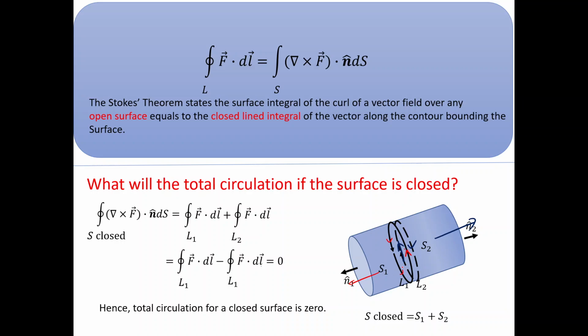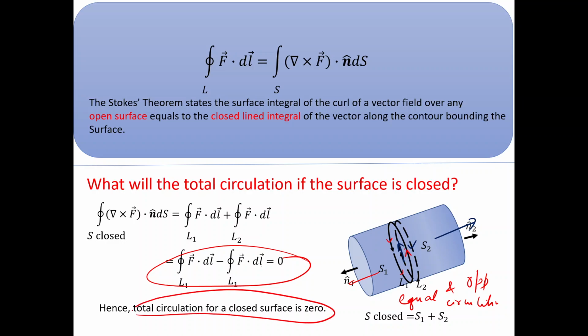And as you can see, this is equal and opposite circulation. Then both will cancel out each other, and hence the total circulation for a closed surface is 0 always.